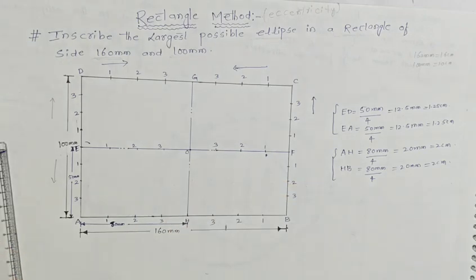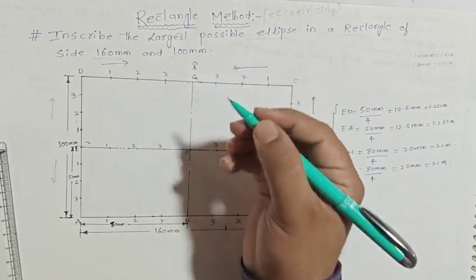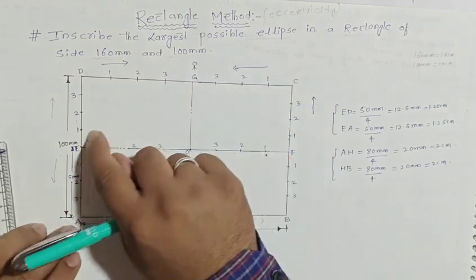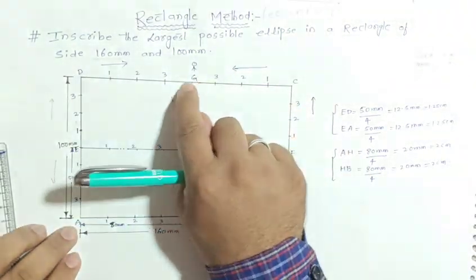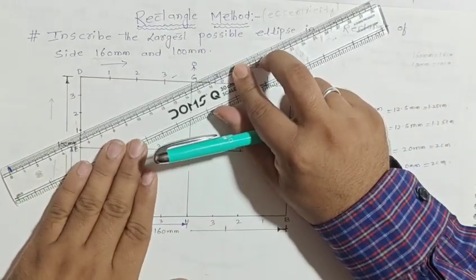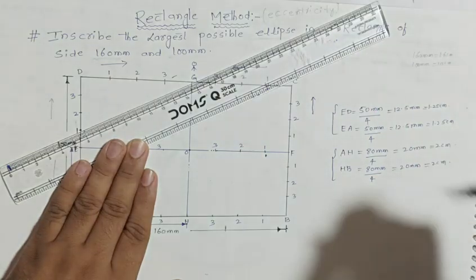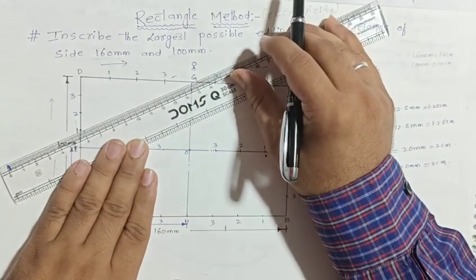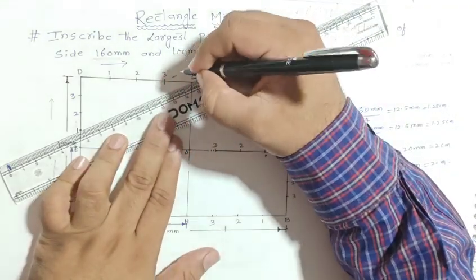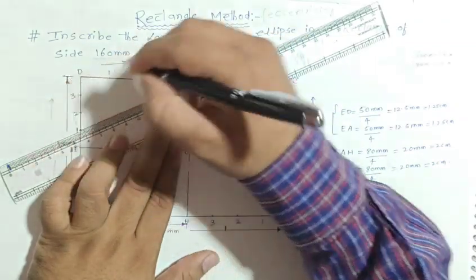You do one thing, just the observer is observed from the G. Is it right? It should be passed from G to 1, G to 2, G to 3. Just you need to pass a line from G to 1. I am using another pen. G to 1.